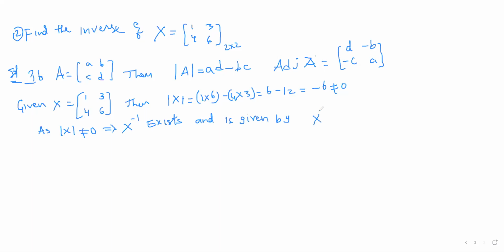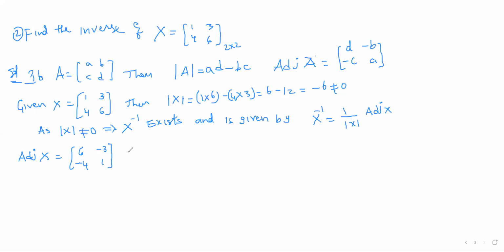X inverse is equal to 1 by determinant of X into adjoint of X. So already we have found determinant of X. Now we are going to find adjoint of capital X, that is D. From A, B, C, D values, D, that is 6, minus B, minus 3, minus C, minus 4, and A means 1 only.